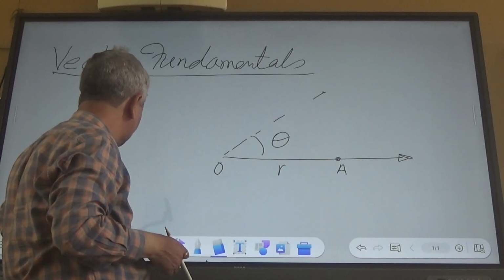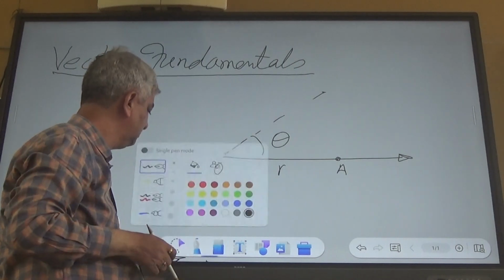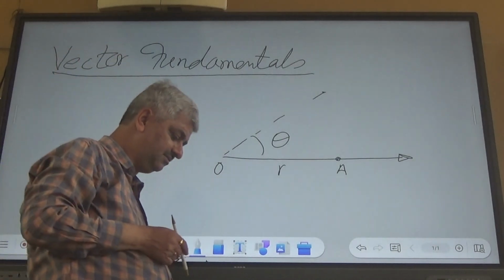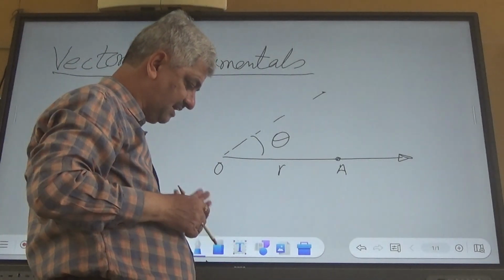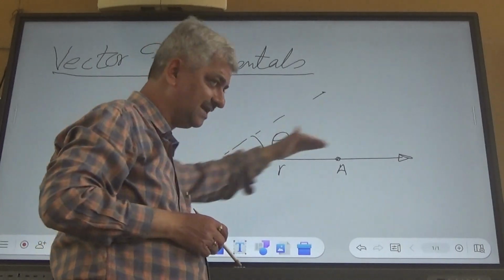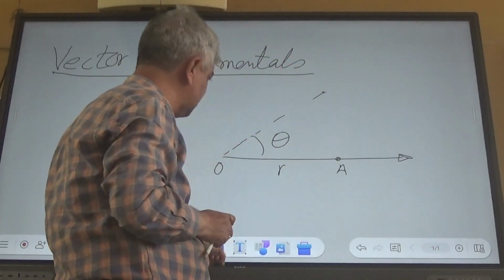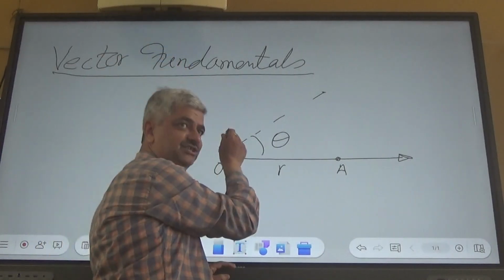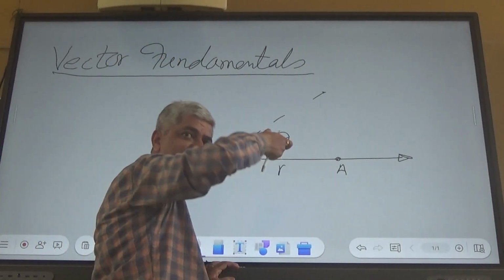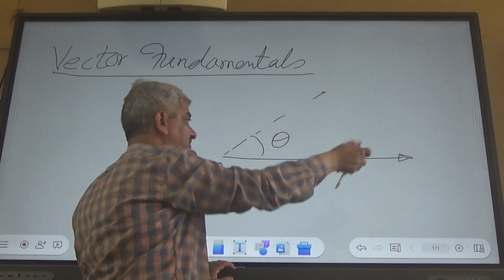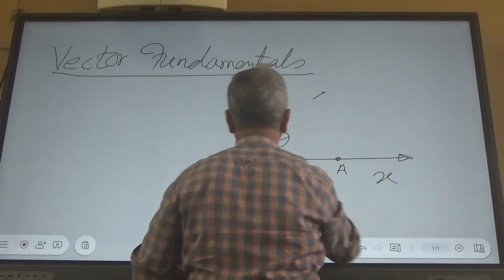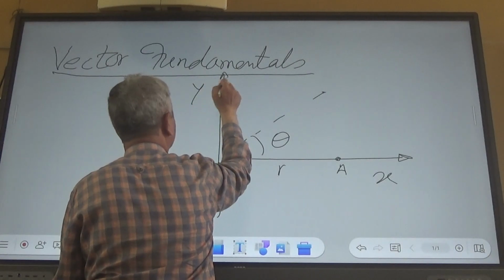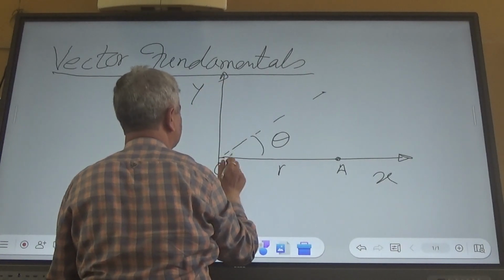Can you raise a question which will make it difficult for me to answer? I said the reference axis is x, a perpendicular axis y leading to the xy plane, and a perpendicular axis z in a right-handed manner. So x, y, and z is coming out.